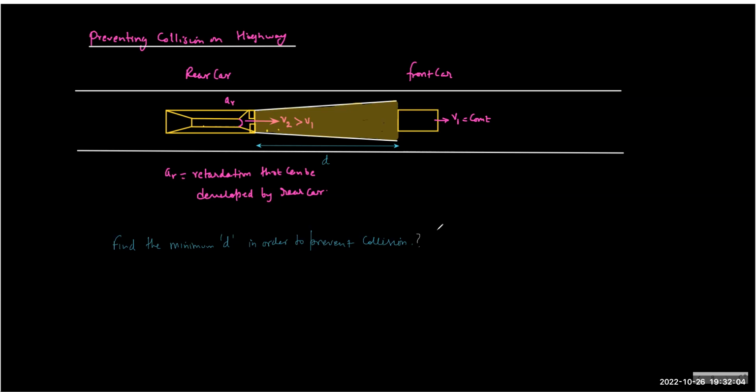So by the time your speed is V1, you will be exactly behind the front car, which is not D away. It will be D plus something, isn't it? So you have to first find the time T, and that will give you the answer. So try this out. I'll solve later on.